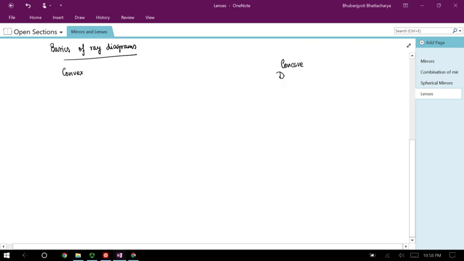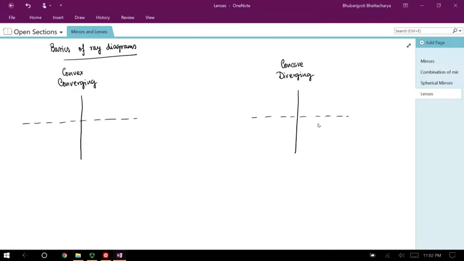And whenever I talk about convex or concave, I'm really talking about a converging lens and a diverging lens. These are both thin lenses, and since these are thin lenses, I can just draw a straight line to represent the thin lens, and then the principal axis will just be a dashed line perpendicular to the lens, drawn like that, right?